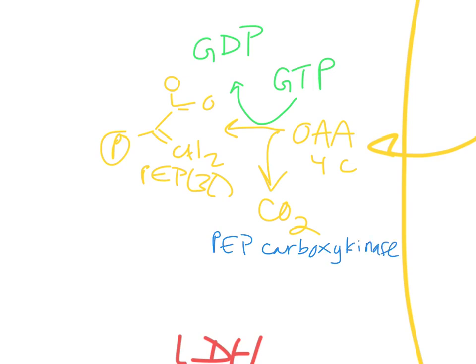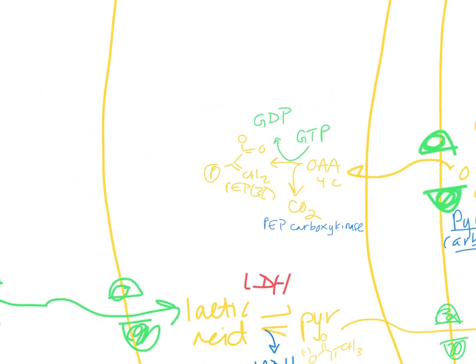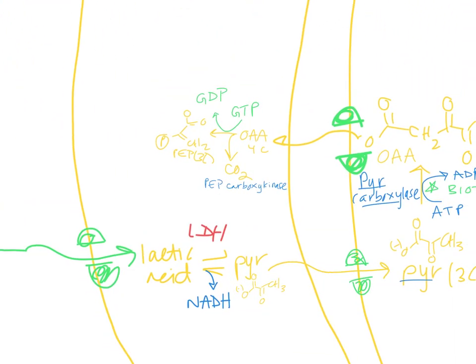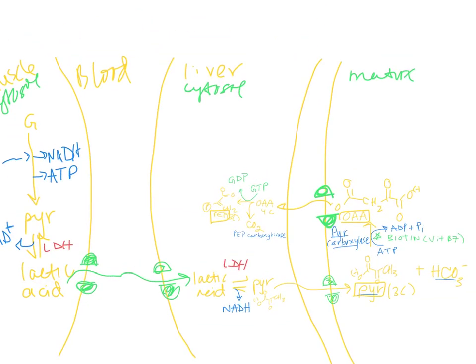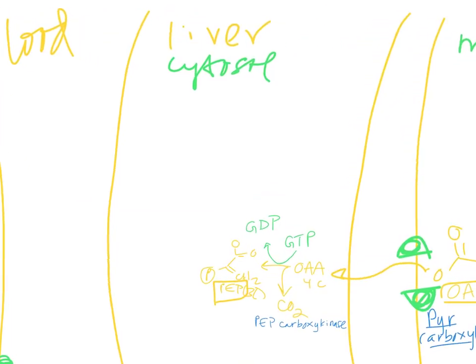Okay, so those 2 steps, going from pyruvate to oxaloacetate, oxaloacetate to PEP, it's already cost us 2 ATP equivalents, and that is the workaround for the pyruvate kinase step. So that's how we get around the irreversible, and you notice that both of those steps are irreversible.